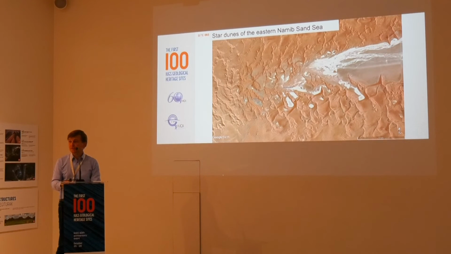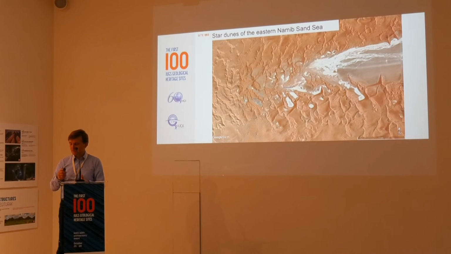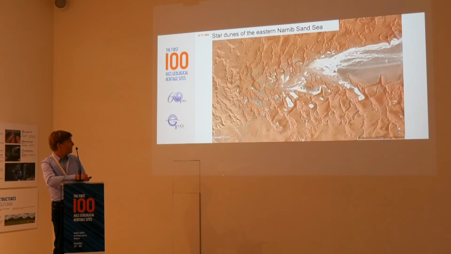The star dunes are in the eastern part, and whereas the linear dunes interact with the fluvial system, those star dunes interact with the fluvial system as well, but with the terminal fluvial systems, when the rivers finish their life in the desert sands, forming playas, and evaporating, and the star dunes occur around those playas.